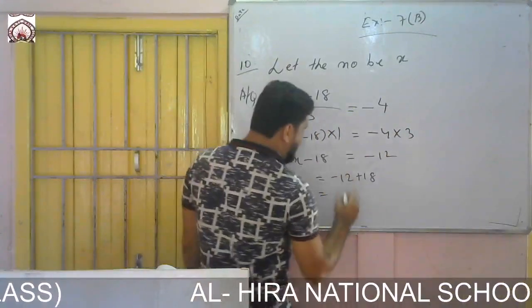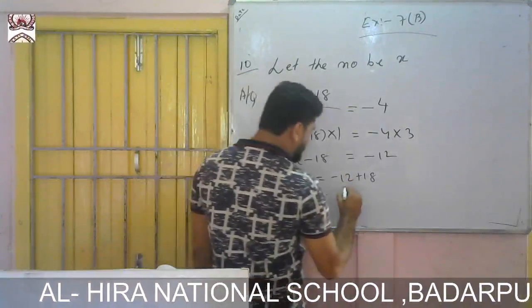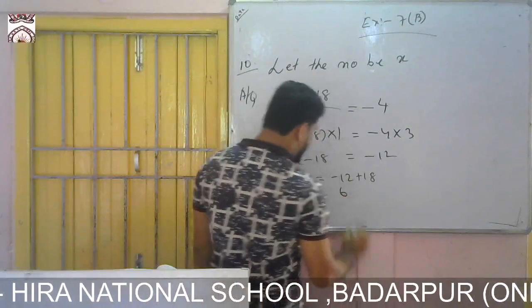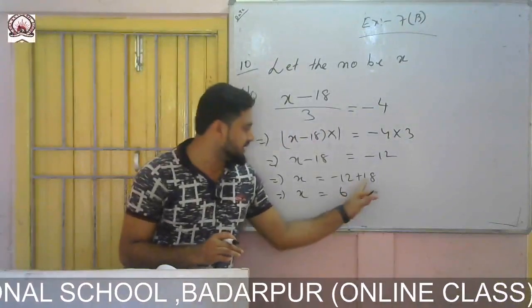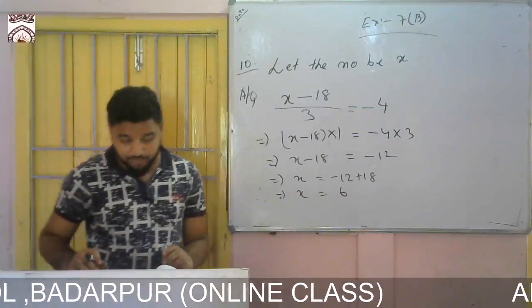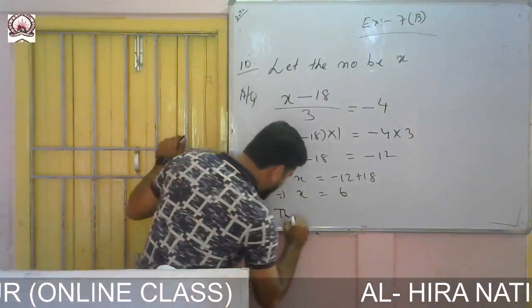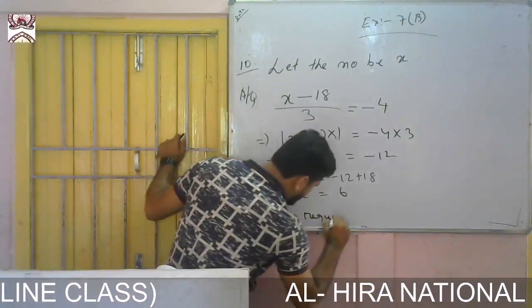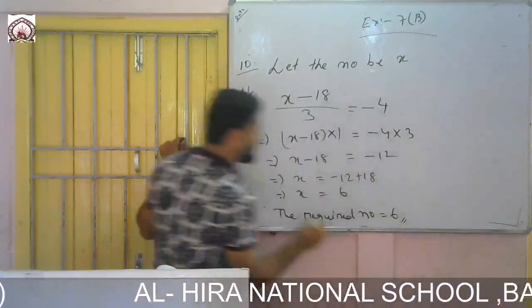Now plus 18 minus 12 is 6. So it is plus 6, because 18 is greater. So what is the number? Therefore the required number equals 6.